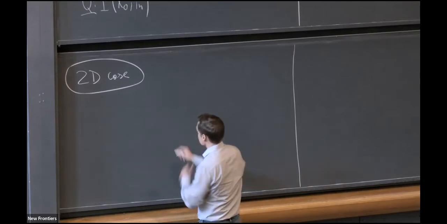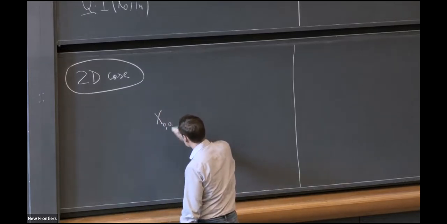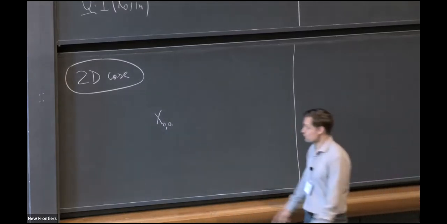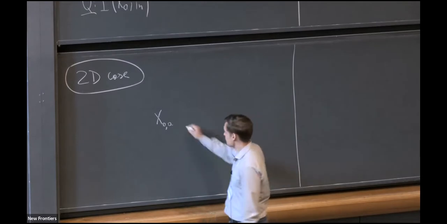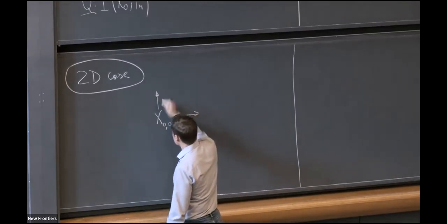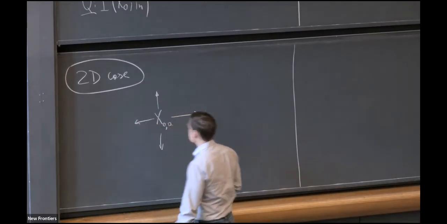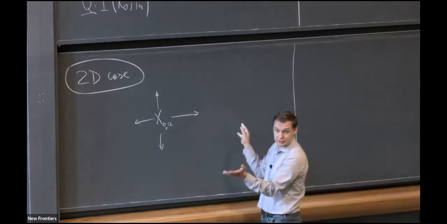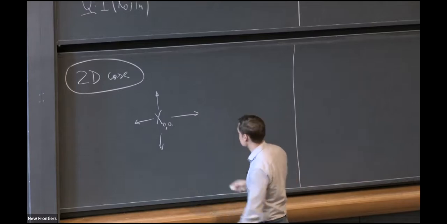I need to draw this carefully. We start with a bit, now called x00, again an unbiased bit. It gets sent in 4 different directions in the beginning, because we are in the middle of the 2-dimensional square lattice.